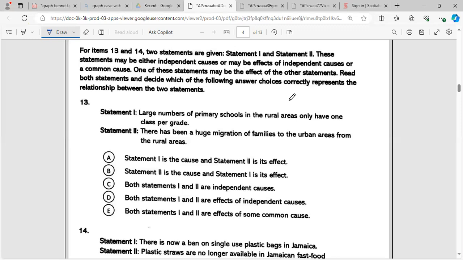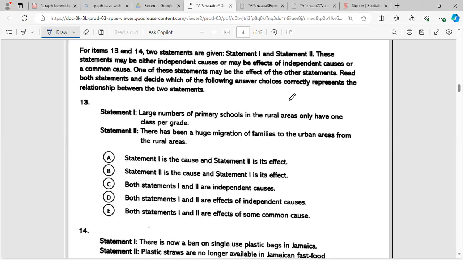One of these statements may be the effect of the other statement. Read both statements and decide which of the following answer choices correctly represents the relationship between the two statements.